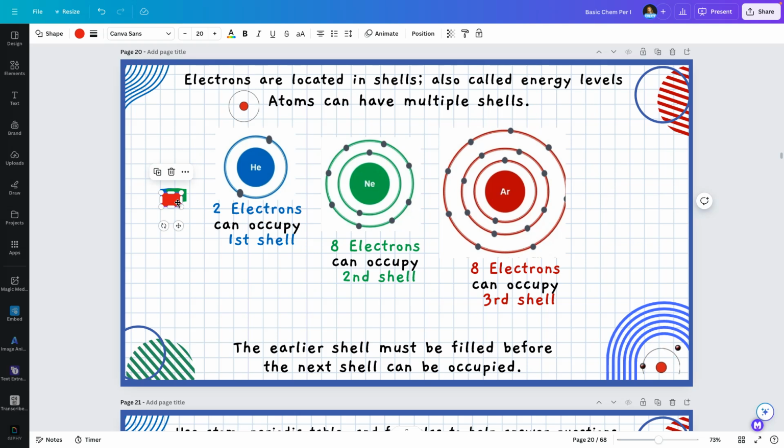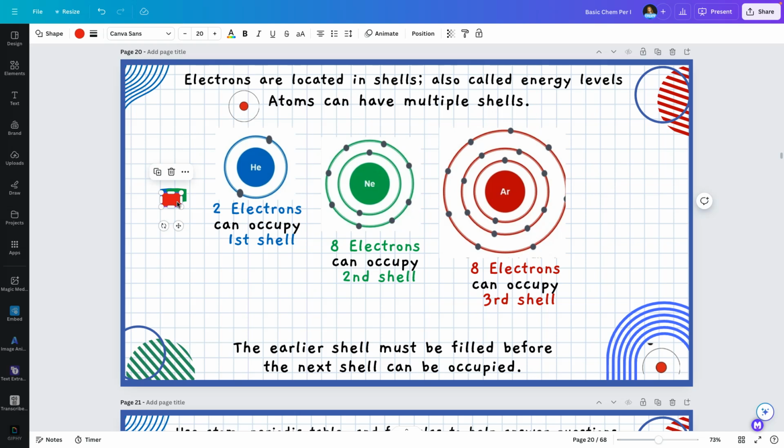In order for an electron to go to shell number 2, there has to be at least 2 electrons in the first shell. If you need to go to shell number 3, you have to have more than 10 electrons: 2 in the first shell, 8 in the second shell. So only if you're atom number 11 on the periodic table do you occupy the third level. So the rule is 2-8-8.